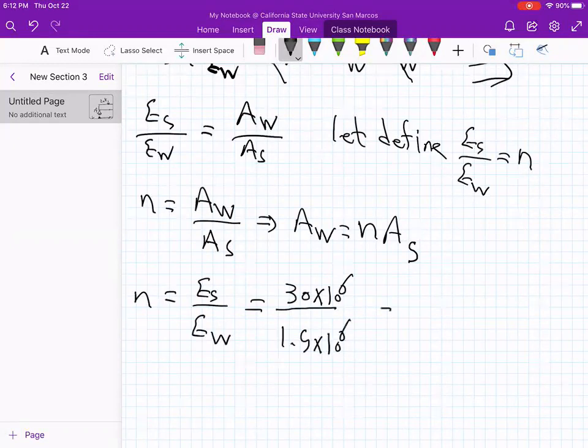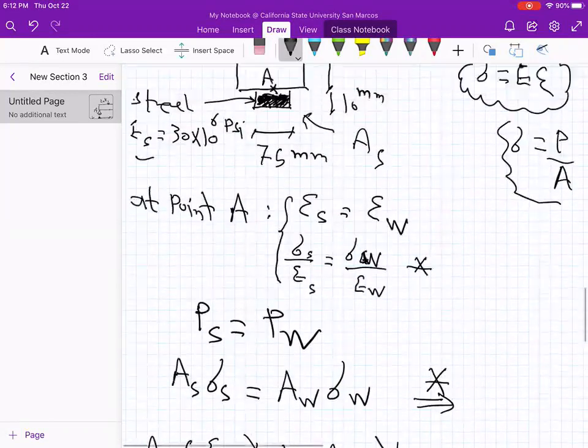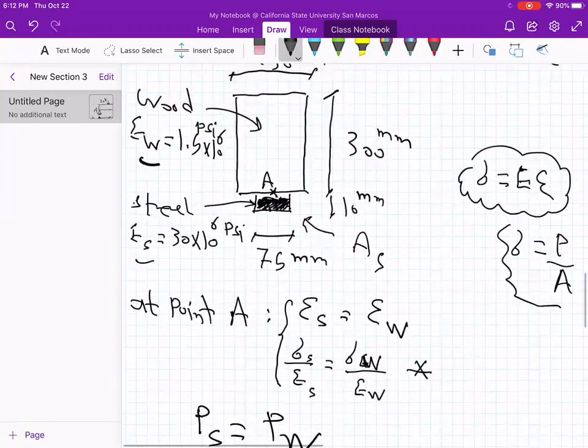So what is N? 30 over 1.5 is 20, right? Now it's very interesting. If in this steel, you multiply 75 millimeter by 20, then we have the equivalent area for the wood, right?